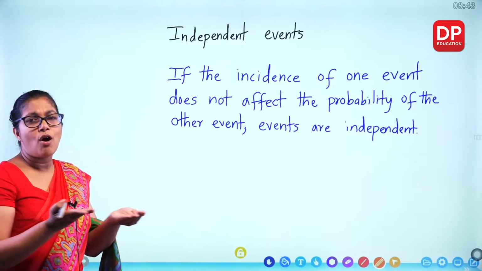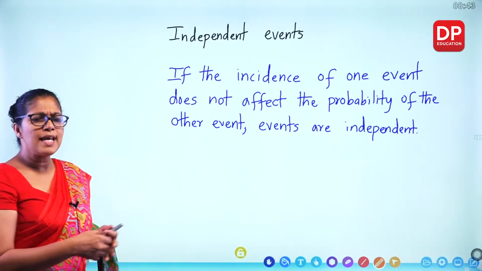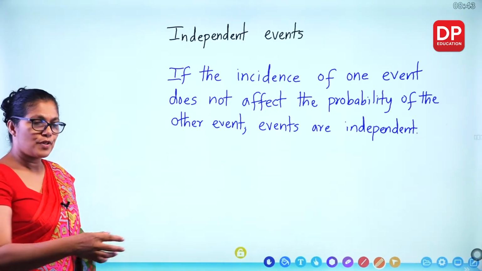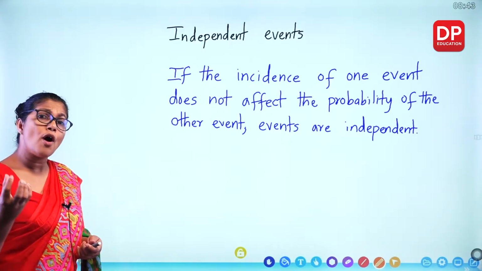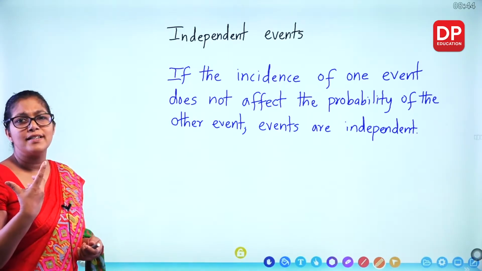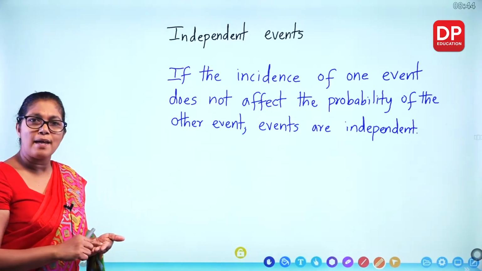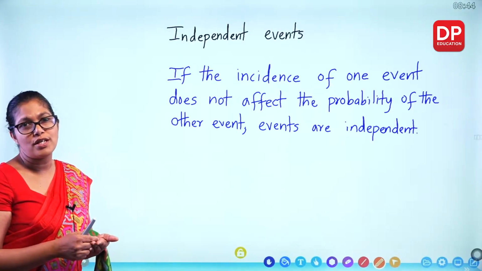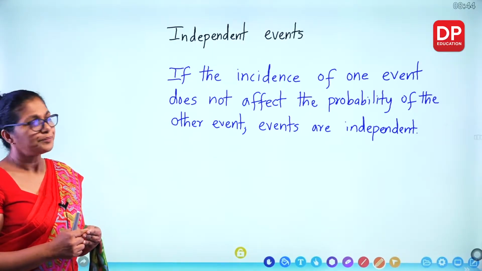So those are called independent events. Another one: take a bag with different colored marbles. You take one marble and observe the color. Then you replace it in the bag and take another one. So you get the same number of marbles the first time as well as the second time, so the probabilities are not changing. Those are called independent events.